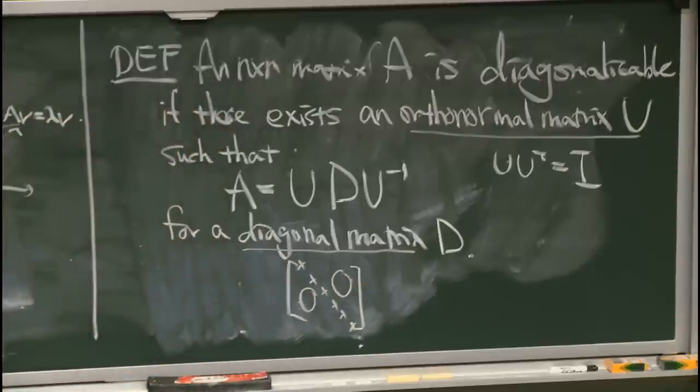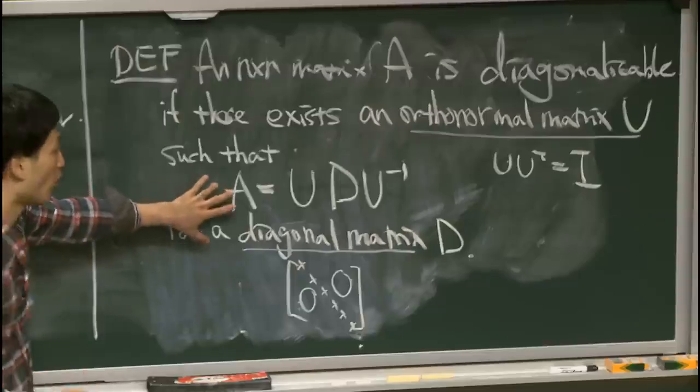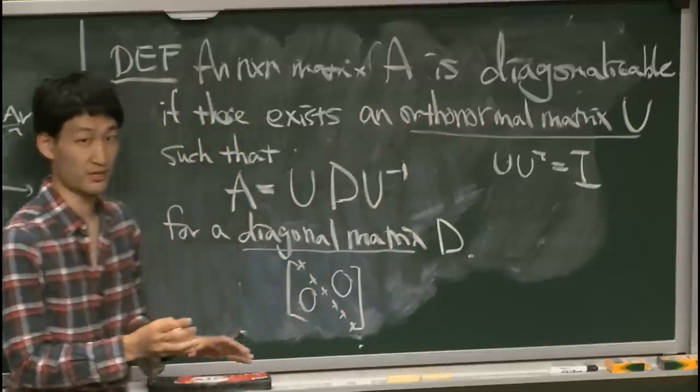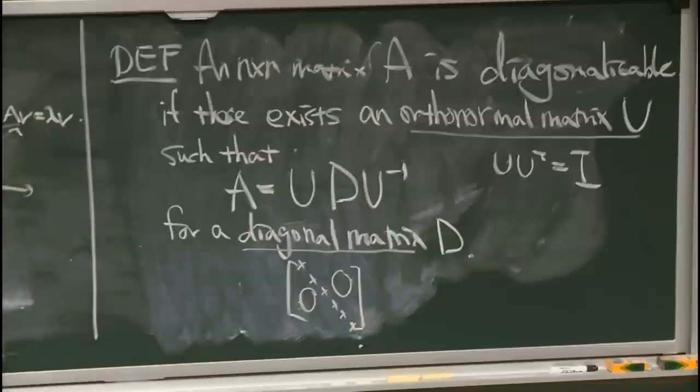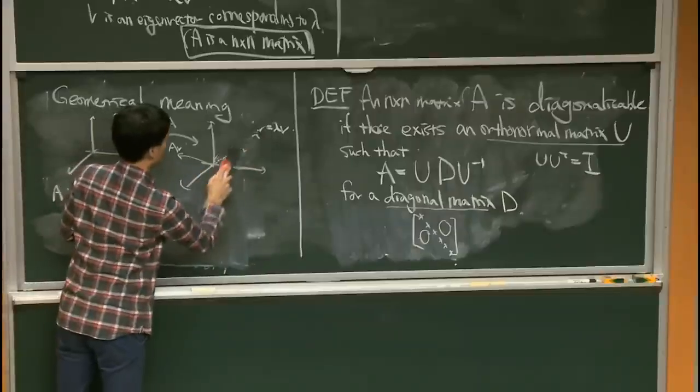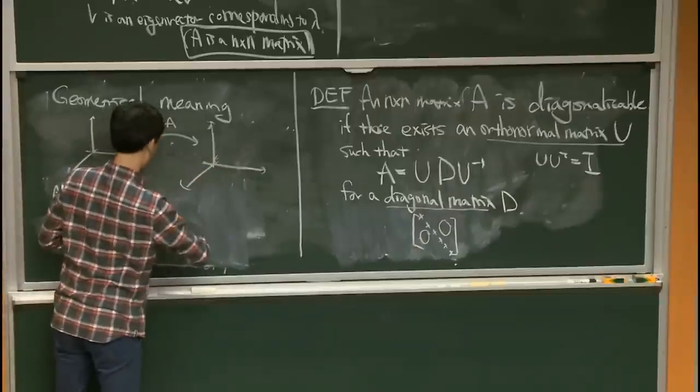Okay. Why is it so good to have this decomposition? What does it mean to have an orthonormal matrix like this? It means, basically, I'll just explain what's happening.